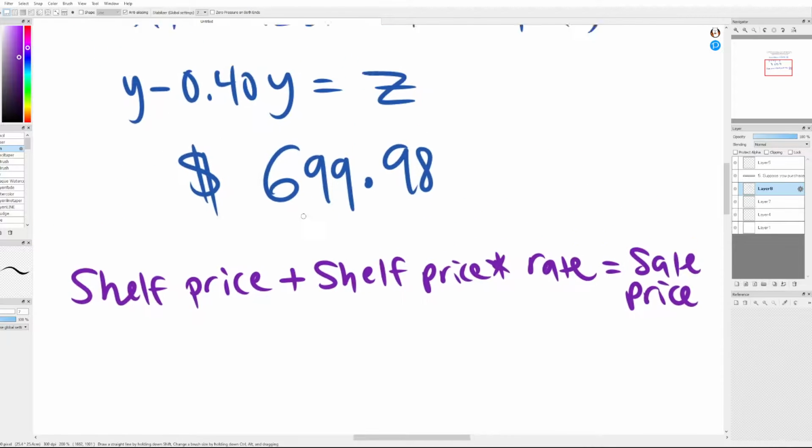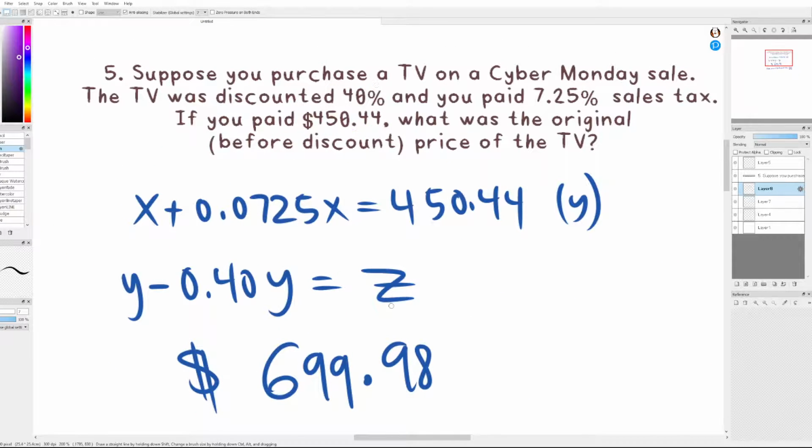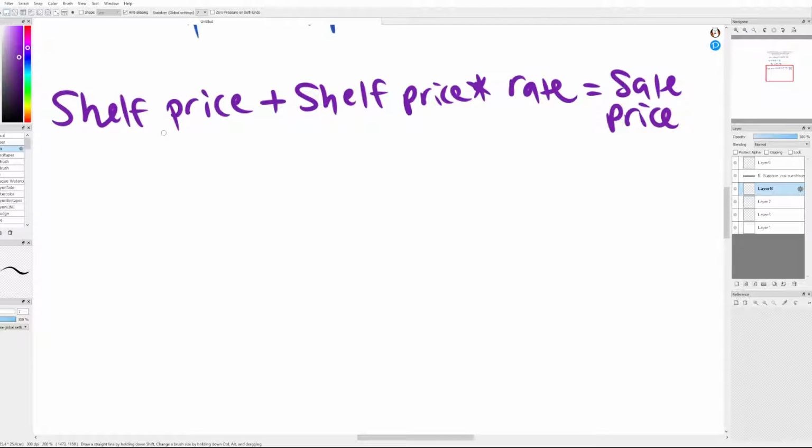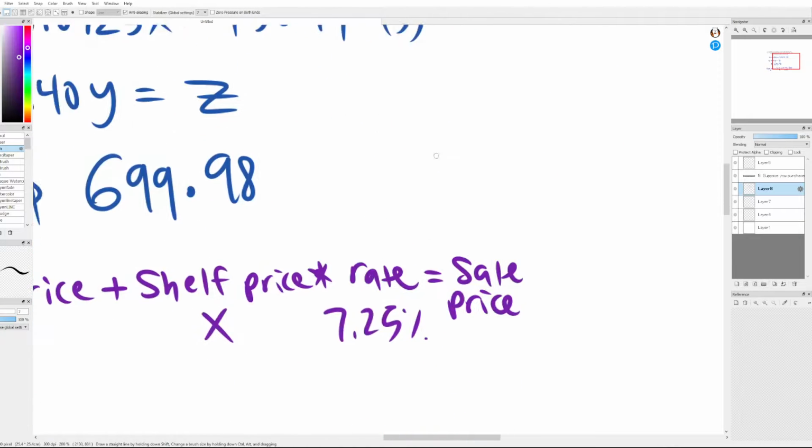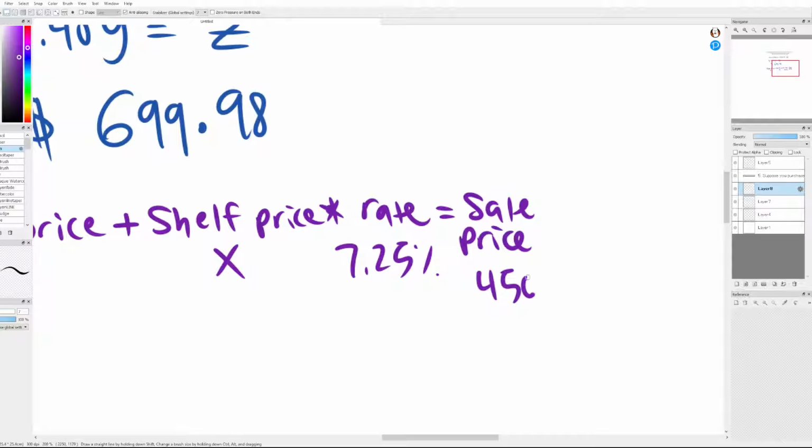In this case, it's going to be the $450.44. So we'll make this X and this X. And we know that our rate is going to be 7.25%, and that our sales price is going to be $450.44.